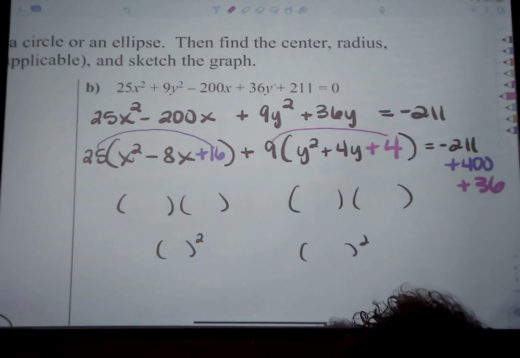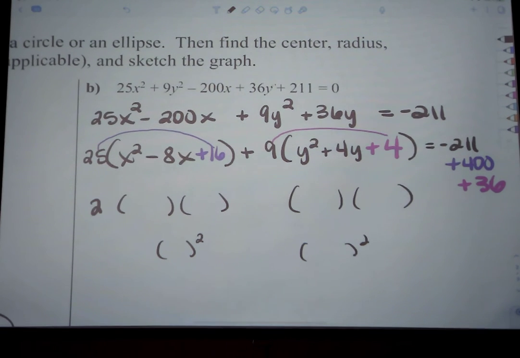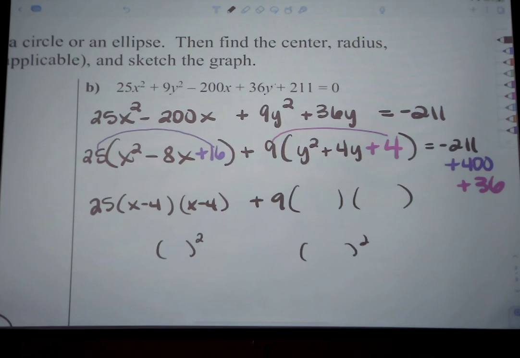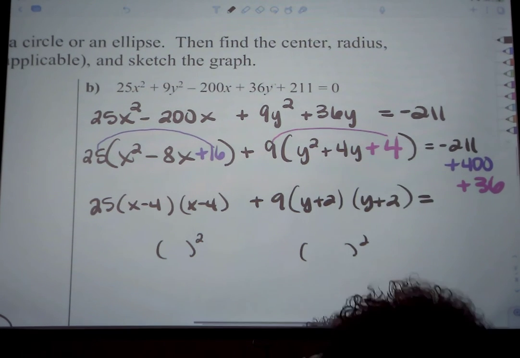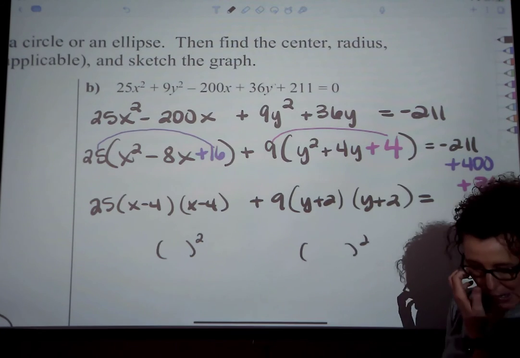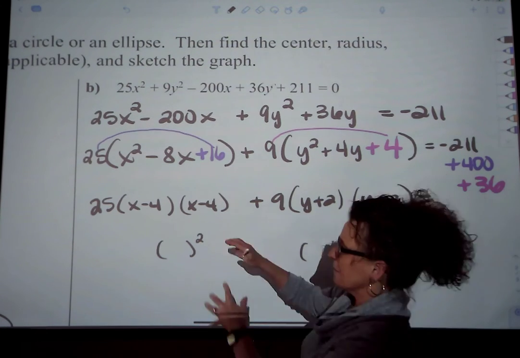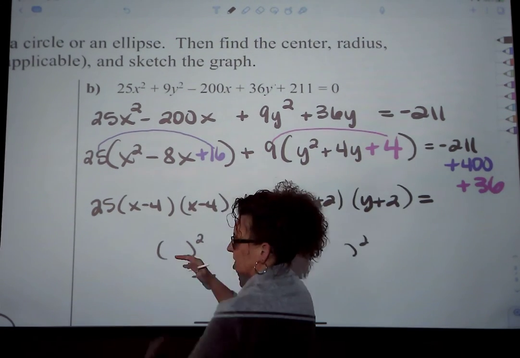Okay, so the 25 is still there. This factors into x minus 4, x minus 4, y plus 2, y plus 2. Okay, now I'm going to change this to look like this, but the 25 is still there.